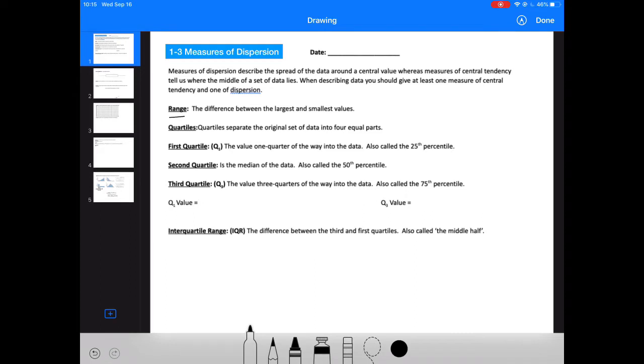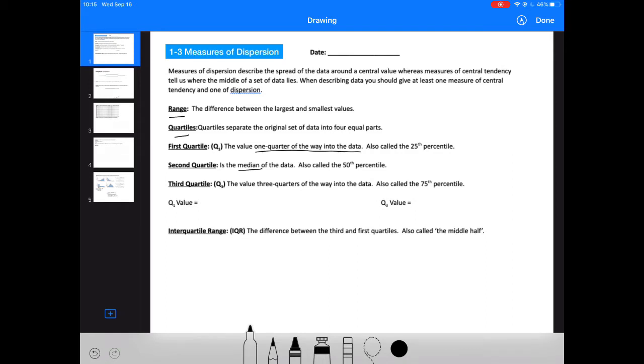One is the range, the difference between the largest and smallest values. Two is the quartiles. They separate the original set of data into 4 equal parts. The first quartile is the value 1/4 of the way into the data. And then the second quartile is actually the median of the data.